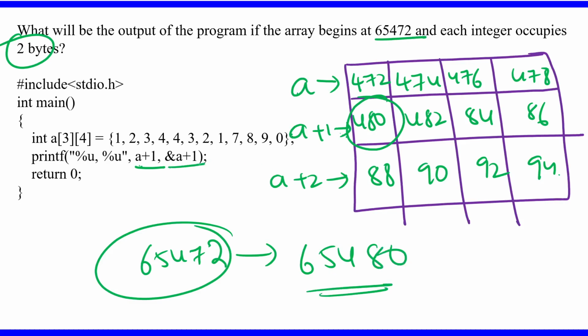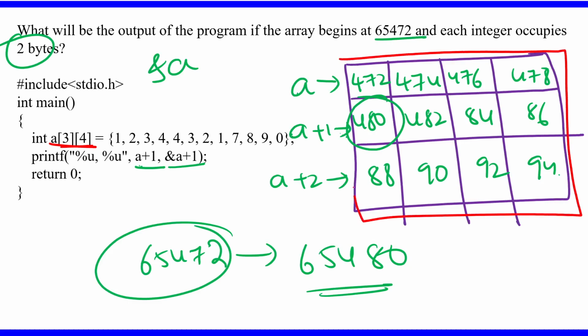But what is ampersand A plus 1? Ampersand A means it is pointing to the starting address of the entire memory block. How much memory is the compiler allocating? See, when you write A[3][4], the compiler will allocate this box directly, at a single time. So, ampersand A is pointing to the starting address of this entire block, that is 65472.